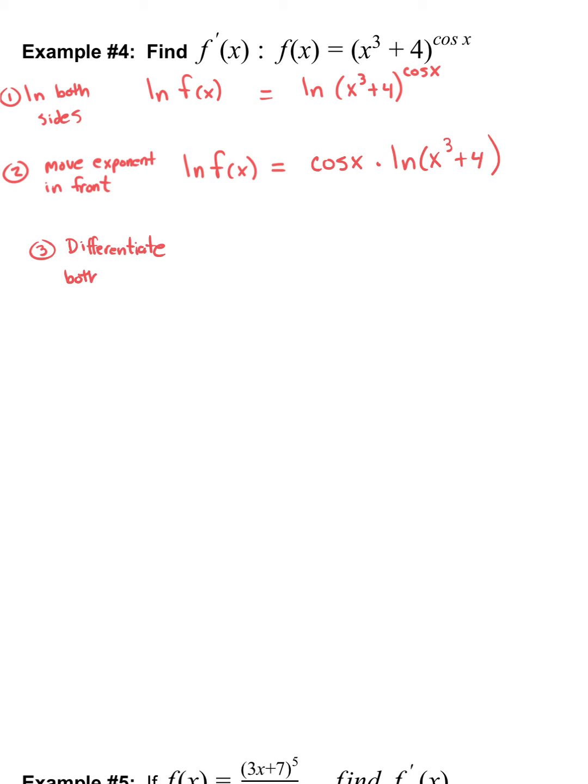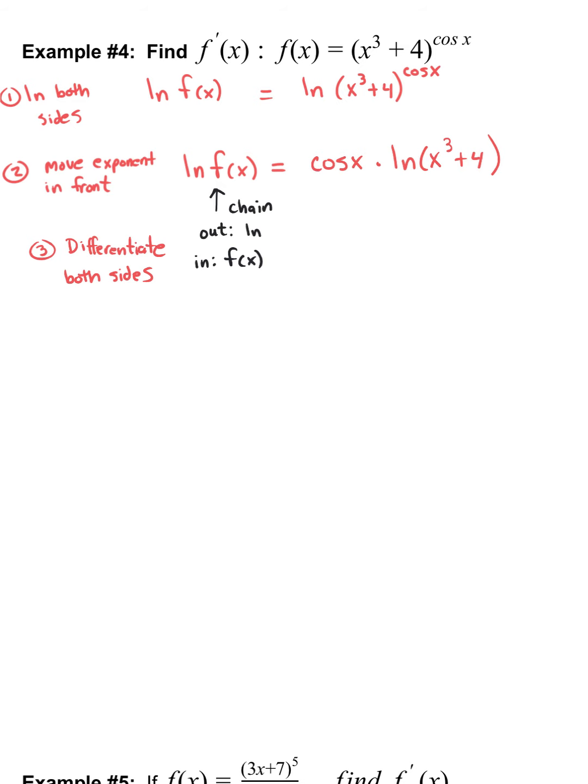All right, so we need to remember what derivative rules to use. Okay, on the left side, this is going to be a chain rule because your outer function is ln and your inner function is f of x.